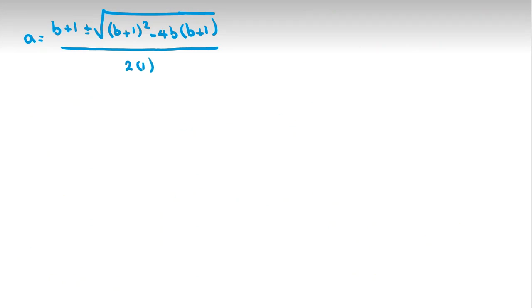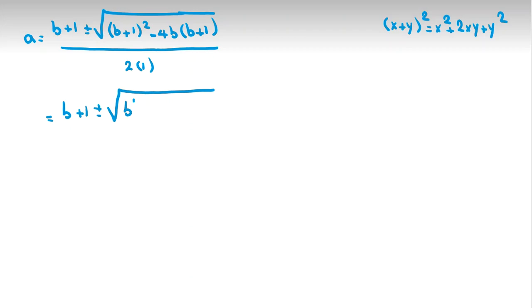Now, I should use this identity that x plus y squared equal to x squared plus 2xy plus y squared. I use this and simplify: it will be b plus 1 plus minus square root of b squared plus 2b plus 1 minus 4b squared minus 4b, all over 2.